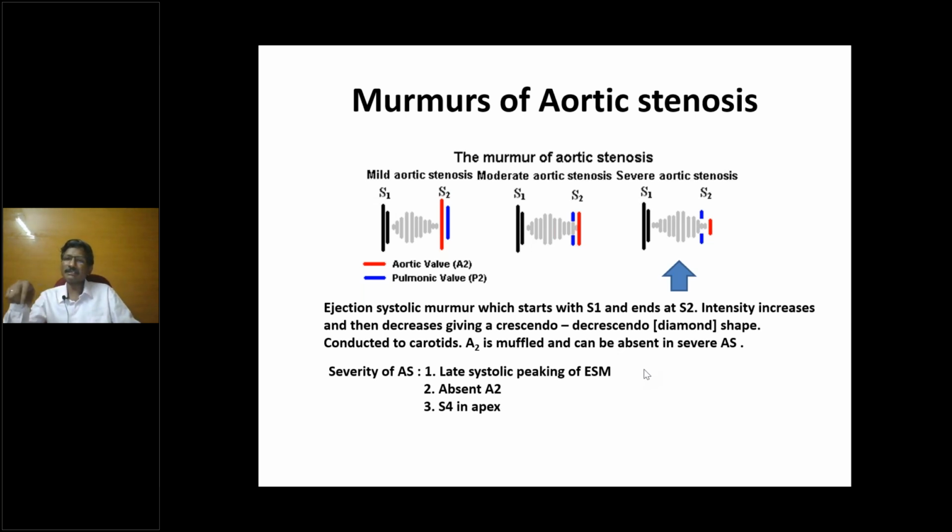The crescendo correlates to the work done by the left ventricle. Once that extent of work is done, then the blood flows, therefore the murmur intensity comes down. Chandani, is it clear? Okay.